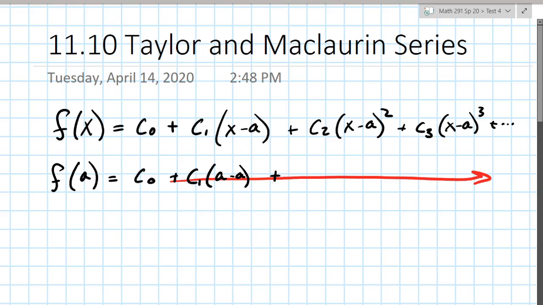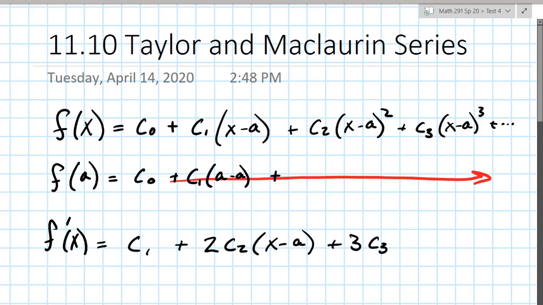Okay, now if we take the derivative and differentiate term by term, the constant c0 is going to go to 0. Then we have c1 plus, now we're doing power rule, chain rule here, 2 c2 x minus a to the 1 less power plus 3 c3 x minus a to the 1 less power, and so on.